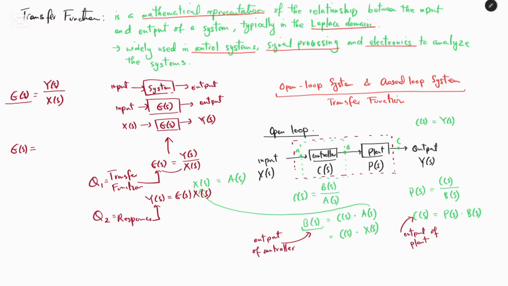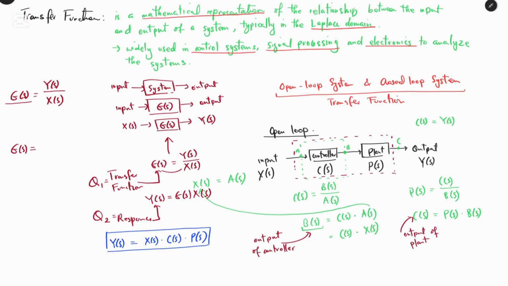So with this idea in mind, we can say that Y of S is equal to X of S dot C of S dot P of S. This is now the response of our system.